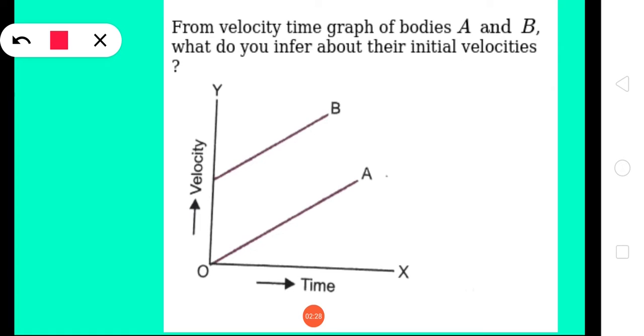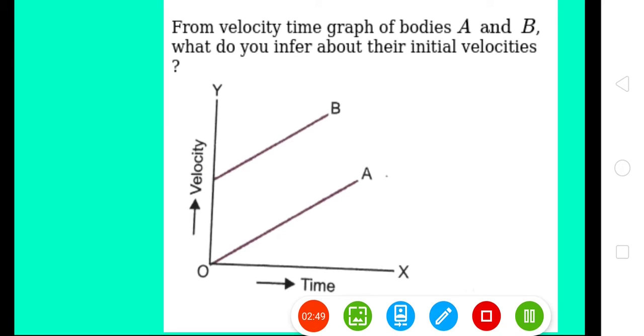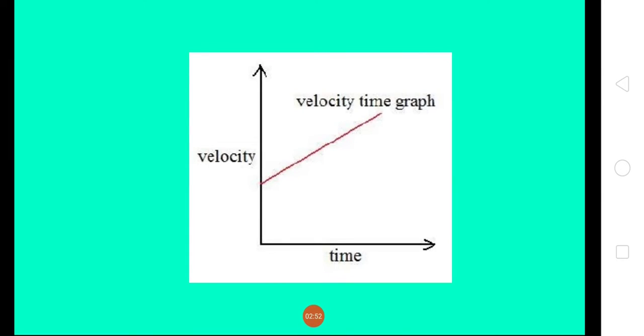For object A, the initial velocity is 0, whereas for object B, the initial velocity is not 0, it already has a value, let's say U. So here again you can see that this object has an initial velocity U.